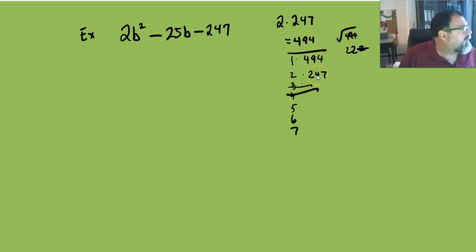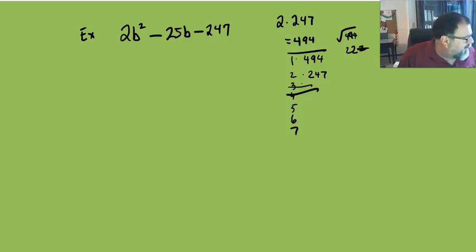That's a decimal. Then I'm going to try 5. 5 doesn't work. 6 doesn't work. 7 doesn't work. 8 doesn't work. 9 doesn't work. 10 won't work. 11. 12.